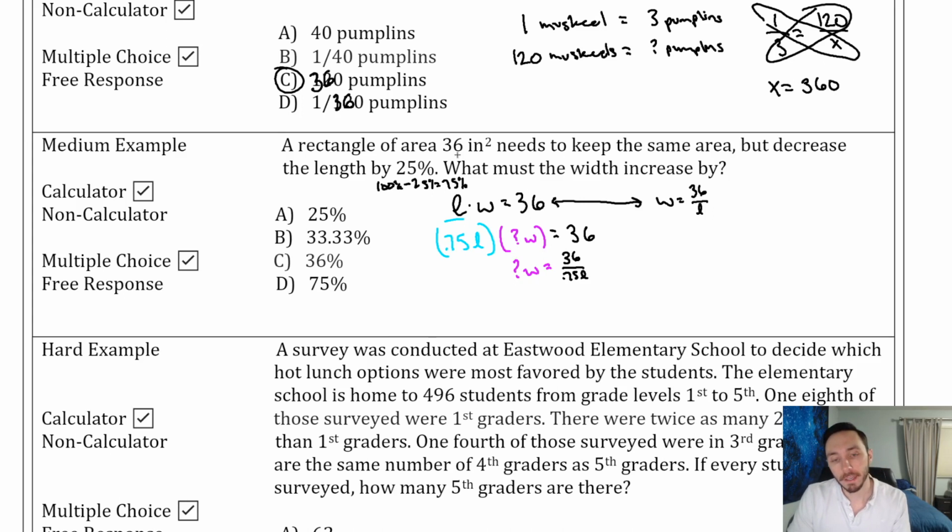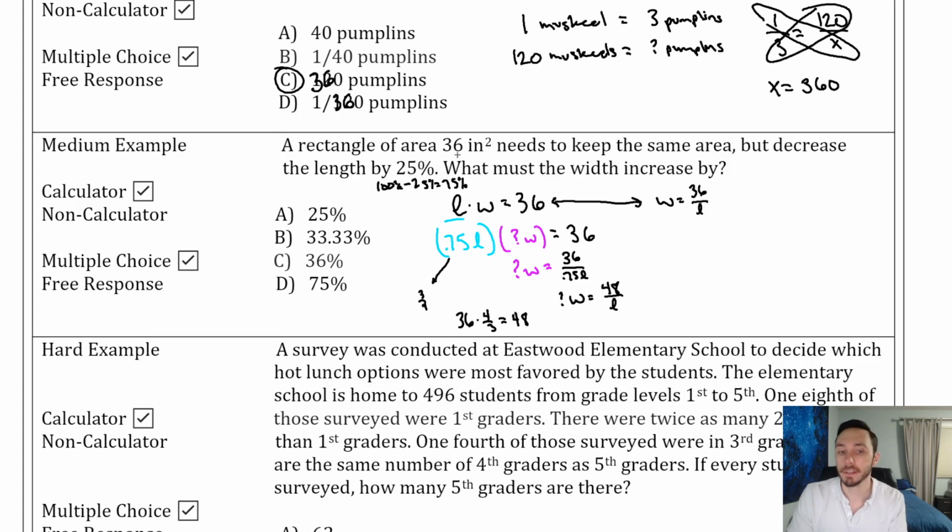Another way is you can multiply by the reciprocal if you'd like. 36 times the reciprocal of, well, I know that 75% is 3/4, so I can do times 4/3. So that would be 48. So my new width is going to be 48 over L.